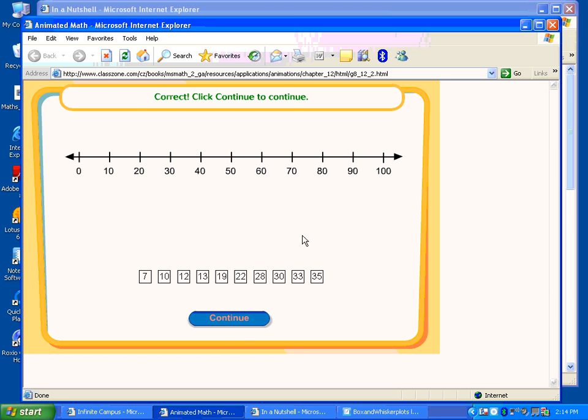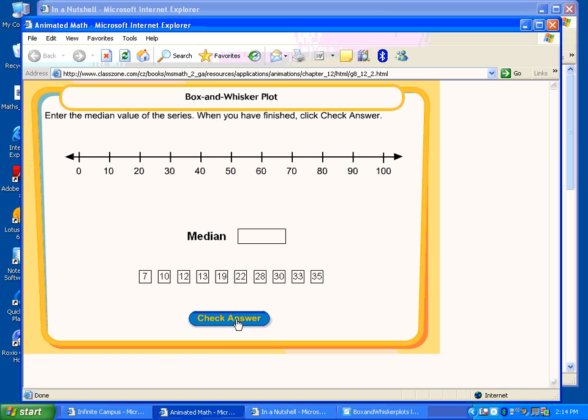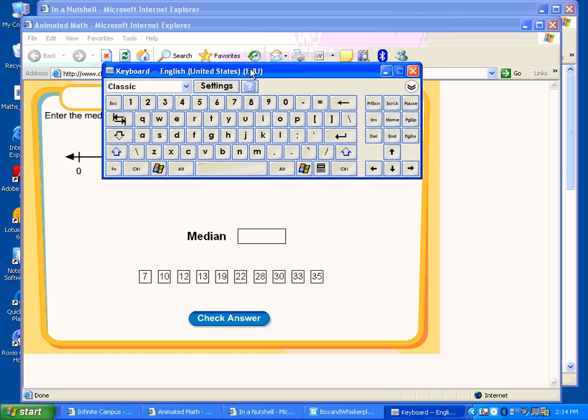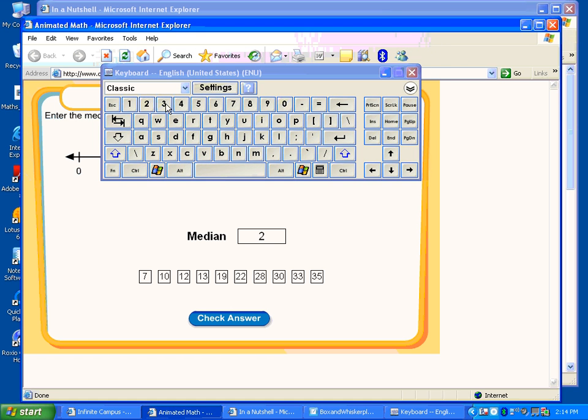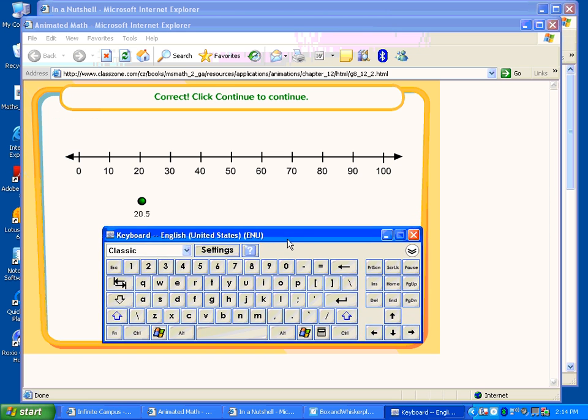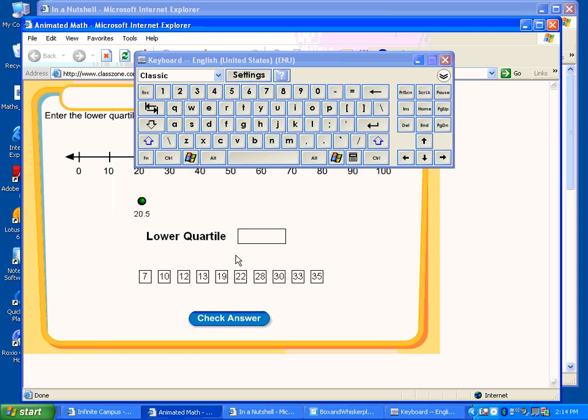Okay, we got that. Now, the next thing it's going to ask, because you're going to do one of these on your own as a class, is for the median. What was the median that we came up with? 20.5. Good. Notice it makes a dot on 20.5. Next, lower quartile. 12.